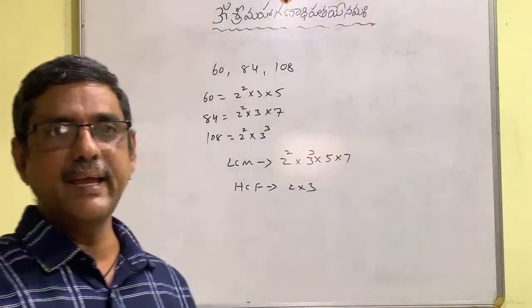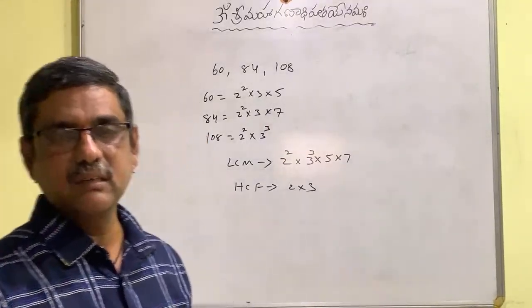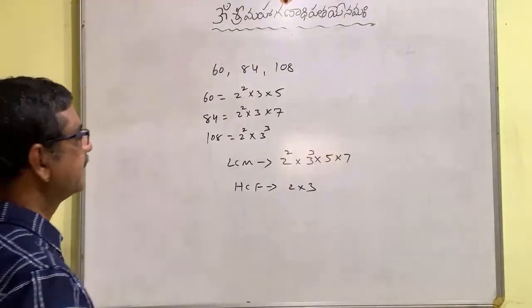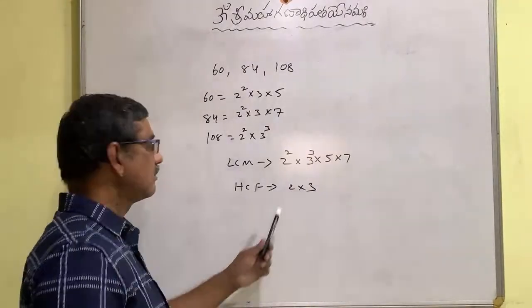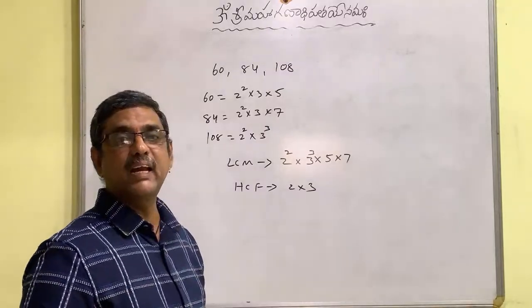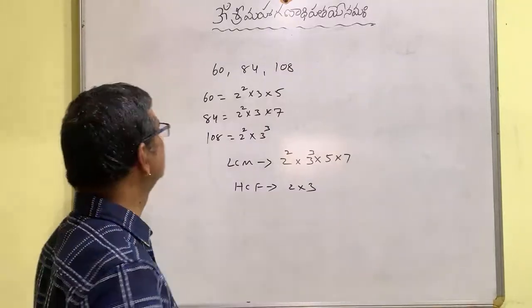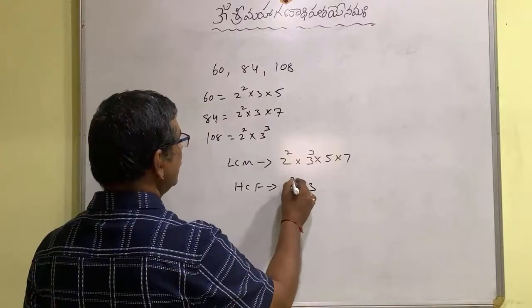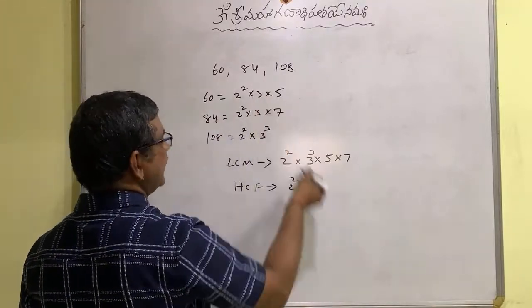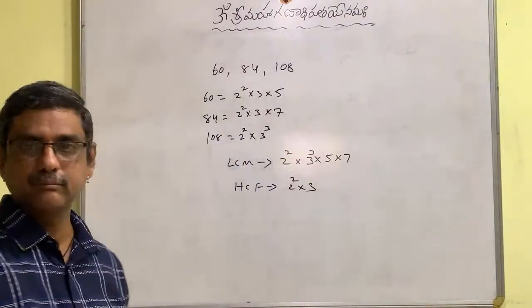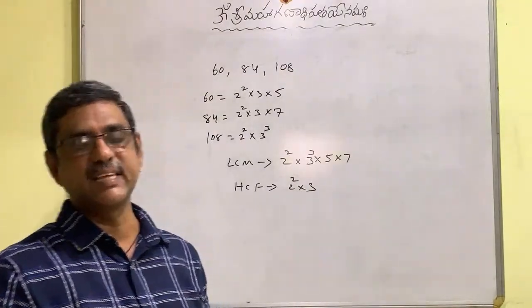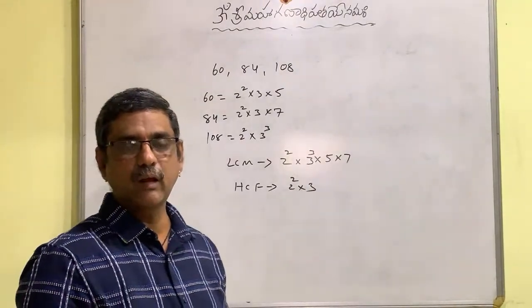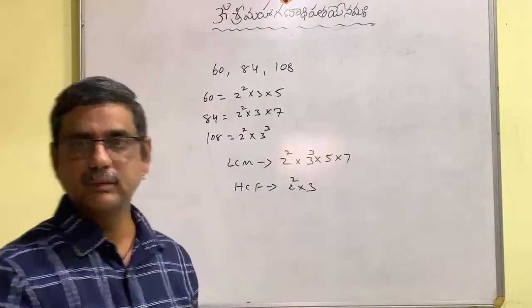Now, in this, you need to take least powers. So 2 square and 3 only. 2 square into 3. So 12 is the HCF. Okay, na?